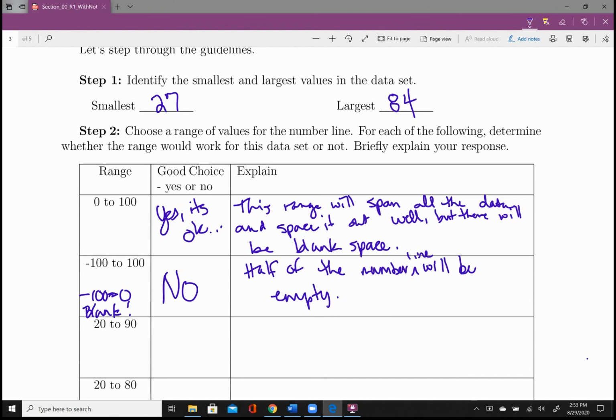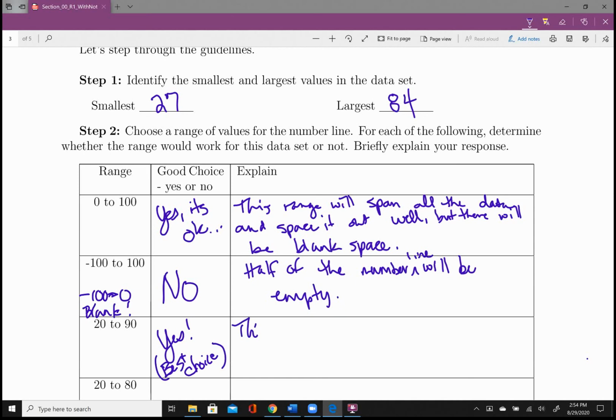This is going to be a tight but not too tight fit on the data set, because you'll notice that the smallest value, as far as the tick marks are concerned, the range is less than the smallest data point, and the largest value is more than the largest, right? So it's definitely going to fit everything, and there's not going to be a whole lot of blank space. Yes, and I'll put best choice in parentheses.